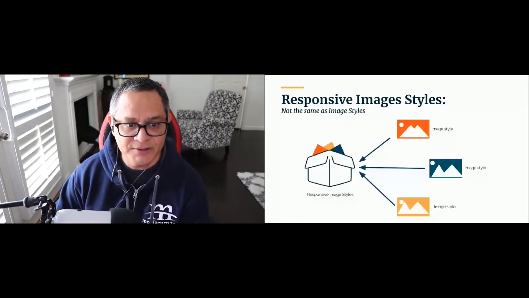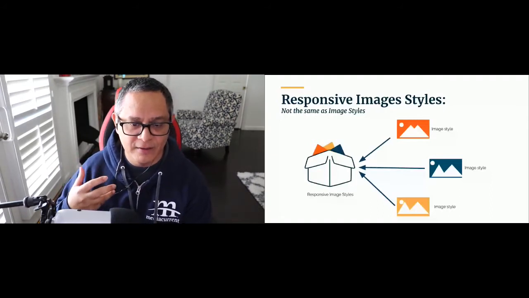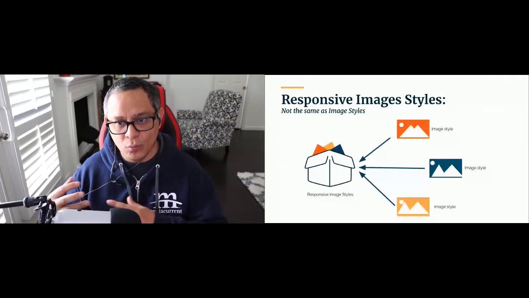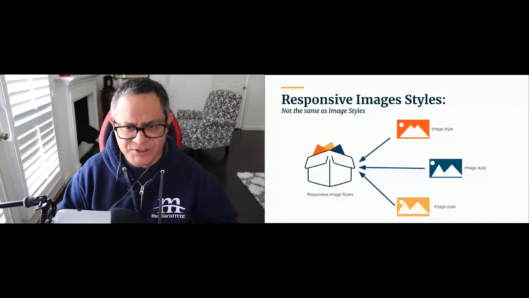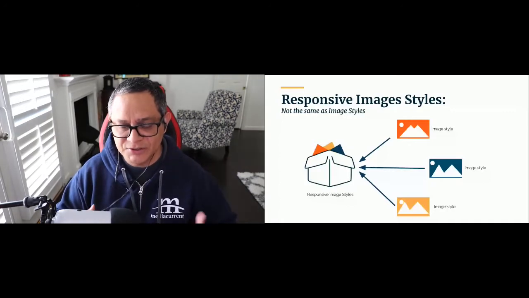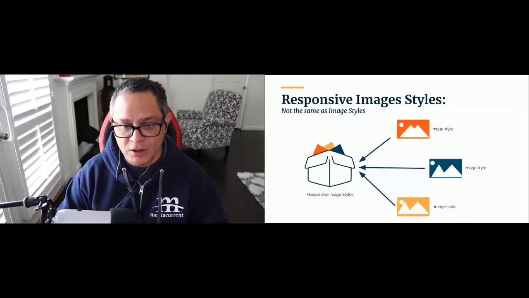So here is a visual on how I see this in my mind when it comes to what are image styles and what are responsive image styles. So image styles are the individual pieces, right? Each instance of an image template, if you want to call it that, is the one that defines the parameters for how big or how small an image will be rendered. And a responsive image style is like a bundle.